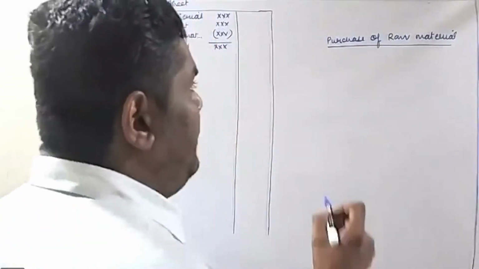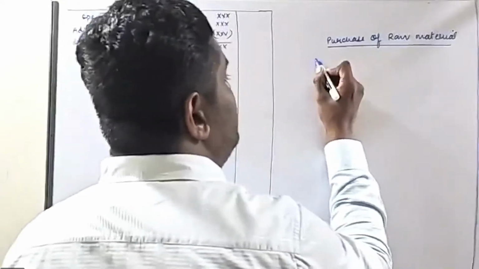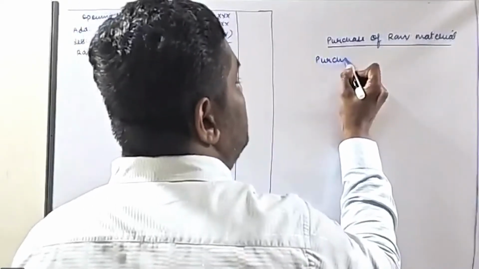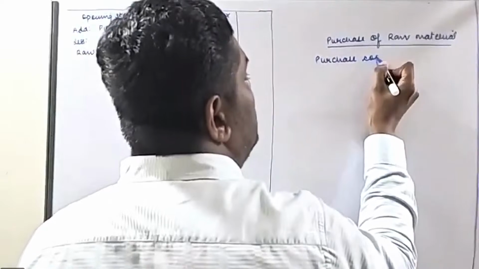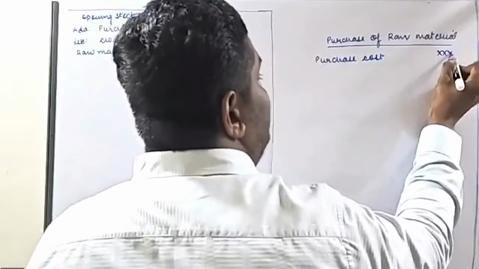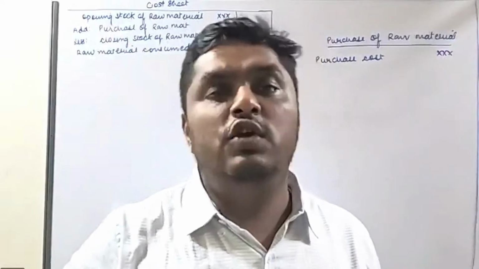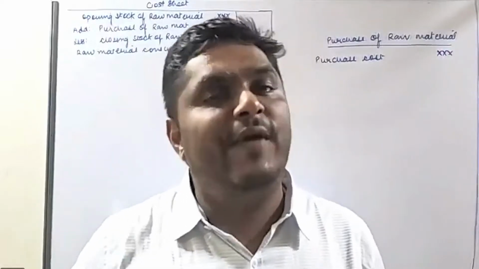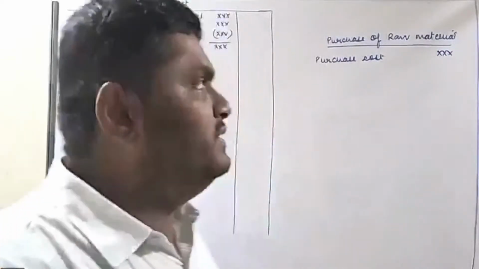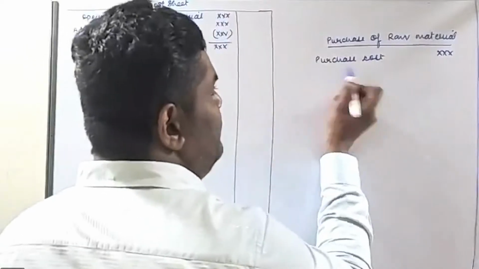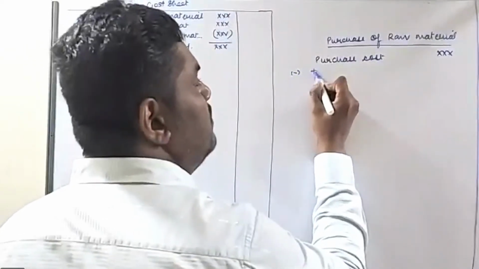Apart from the price paid to the supplier, there are many other costs incurred in relation to the purchase of raw material until the factory gate, and they will form part of the purchase cost.